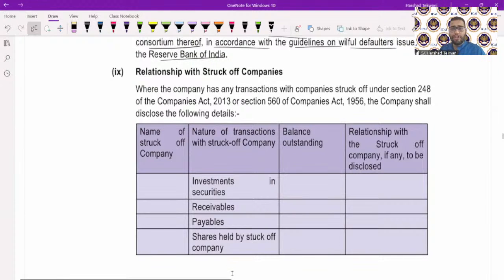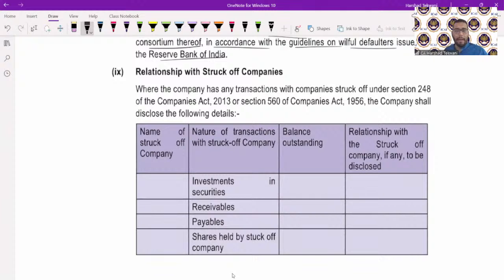Then there is the relationship with struck off companies. Now, what is the relationship with the struck off companies? Struck off companies means their name was removed from the register of companies. Okay. Now the point is, hello, am I audible? Yeah. Okay. Sorry for the technical glitch. So the relationship with the struck off companies.